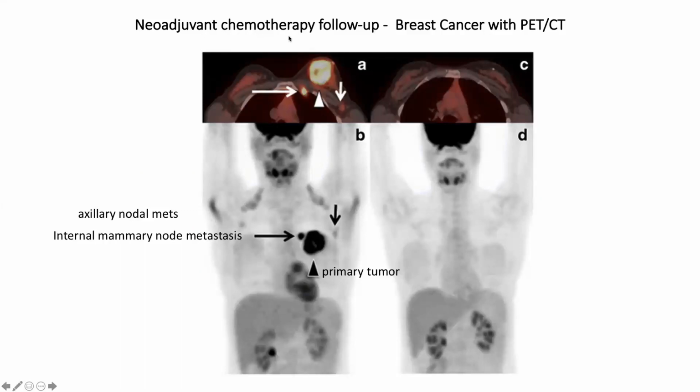What neoadjuvant chemotherapy is, you prime the patient with chemotherapy before you do the surgery, right? And so you try and reduce the mass. This lesion here probably was reduced in mass considerably at the time of surgery. And so it kind of debulks the tumor and everything you have to take out.